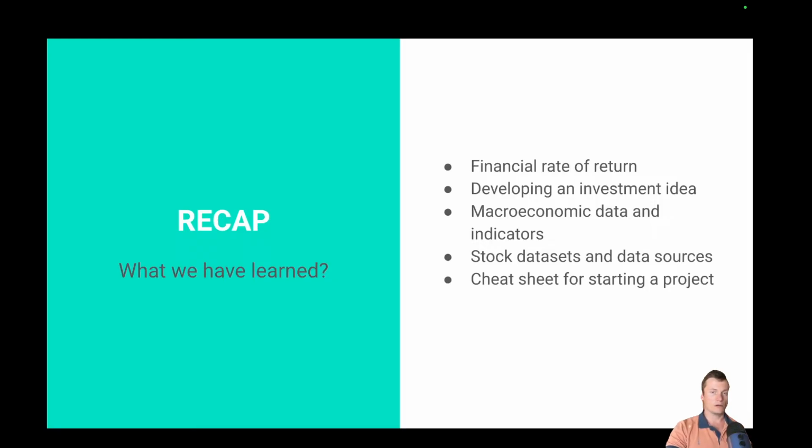Then we were chatting about how you're going to develop your investment idea and what features for the capstone project you might want to get. We looked at some of the macroeconomic data and indicators. We checked stock data sets, and now we will cover a cheat sheet for starting a project.